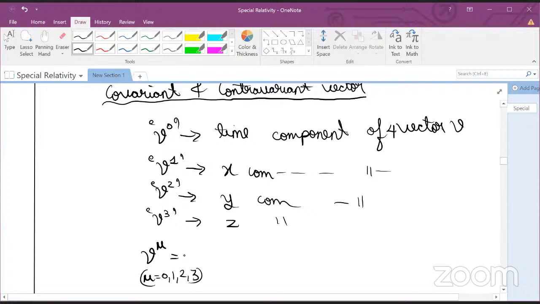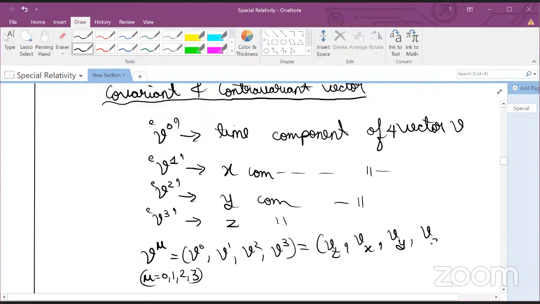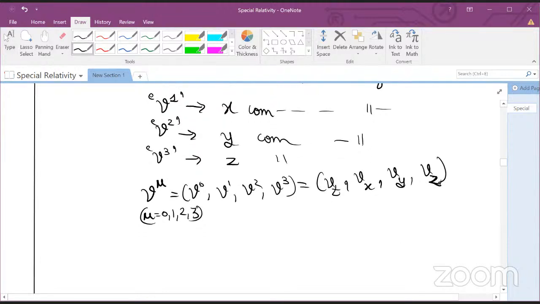So V superscript mu is V0, V1, V2, V3. V0 is the time component. V1 is the x component. V2 is the y component. V3 is the z component. So this is a 4 vector called contravariant. Notationally, the index is a superscript for contravariant.